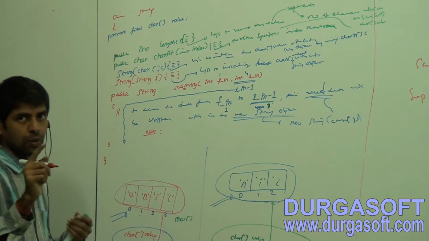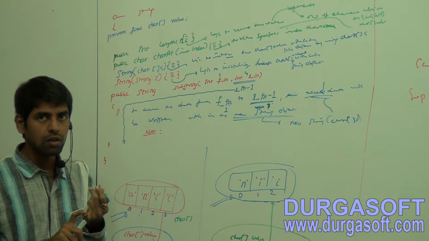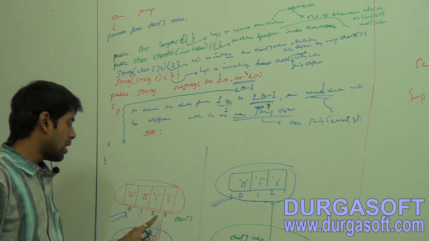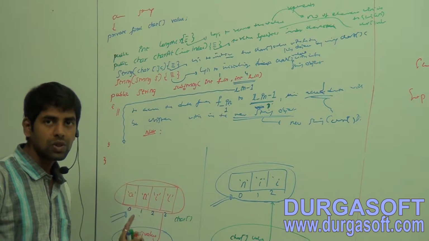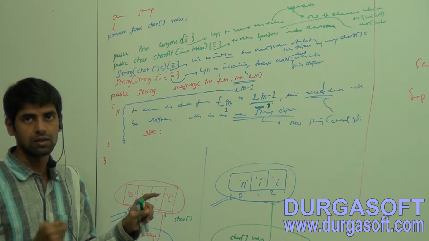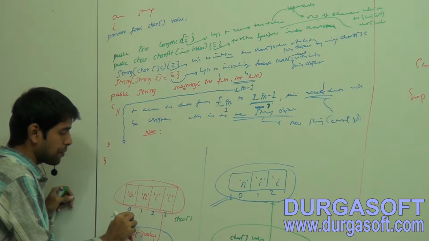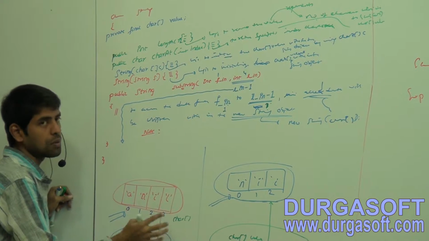be within the range of our string object char array block indexes. It must be within the range of this string char array index values.